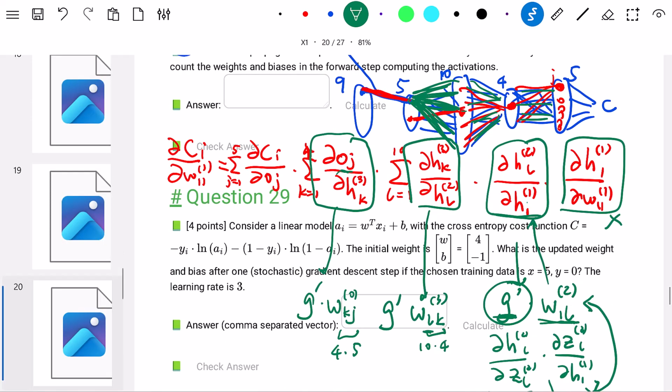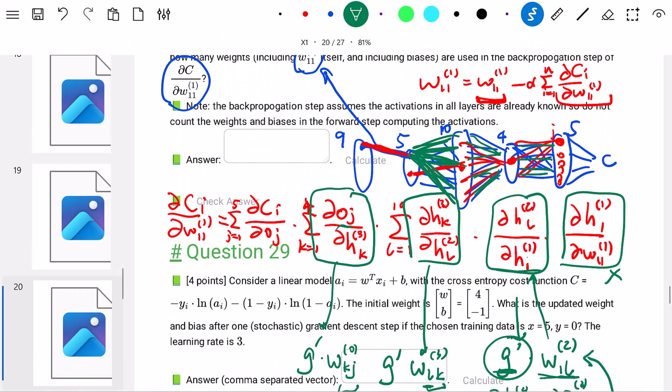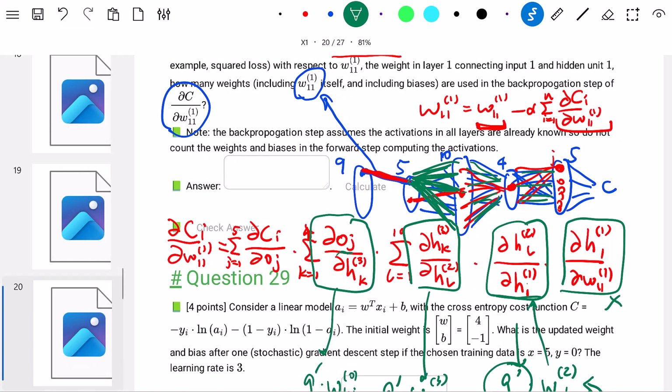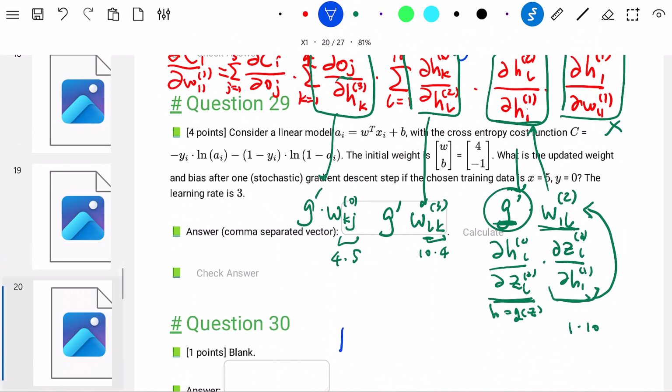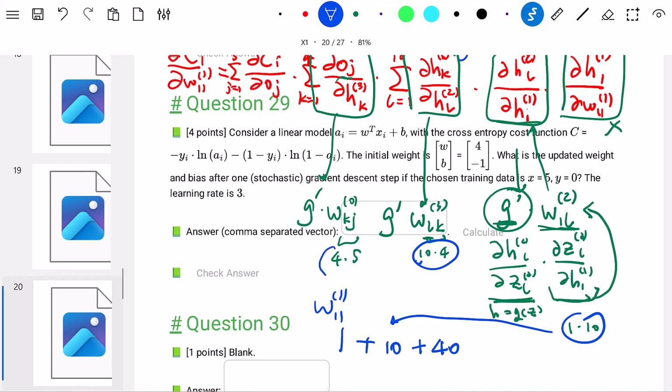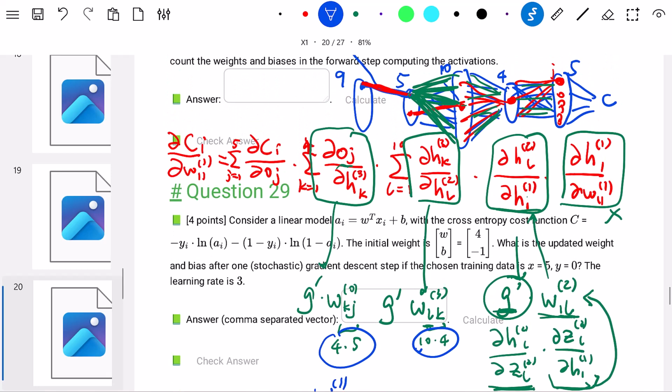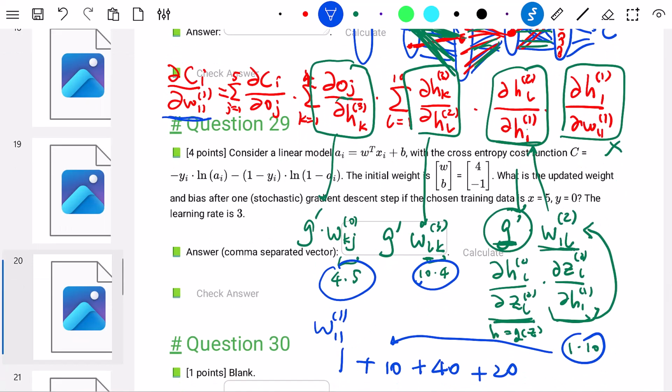So if we sum up what we just talked about, there is 1 in the first layer, so that's just w111. And there are 10 from the next layer, and there are 40 from the next layer, and there are 20 from the last layer. So these are the weights that are needed in the calculation of this gradient.